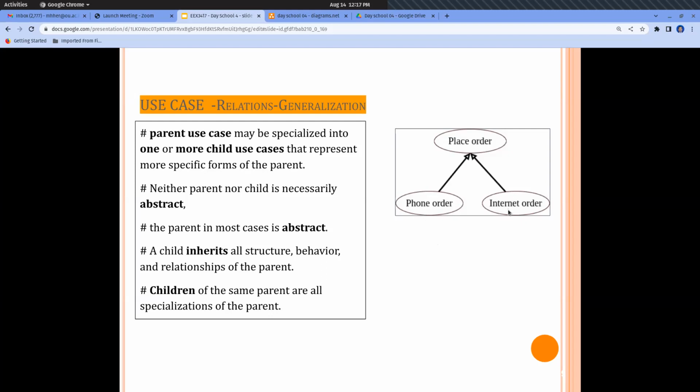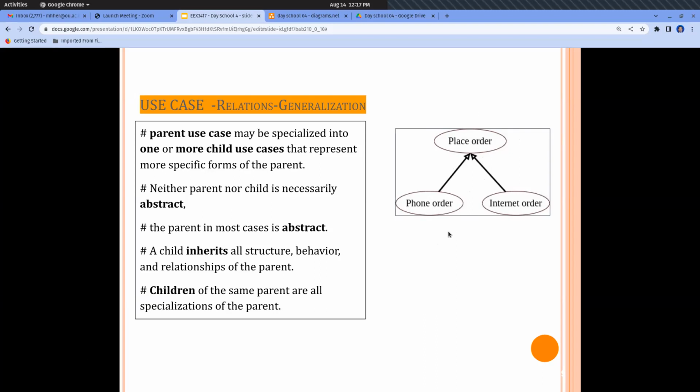This is especially for internet orders. Some details are common to both phone and internet orders. These are included in place order. The parent in most cases is abstract.